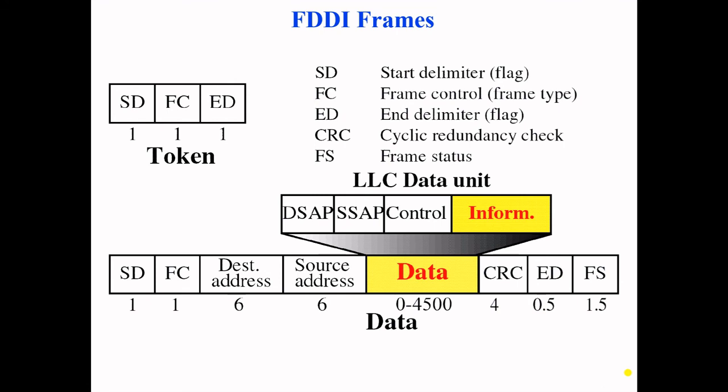For the token these three fields are required, and for the data frame four fields are required: DSAP, SSAP, control field and information field. So these fields we have already discussed.